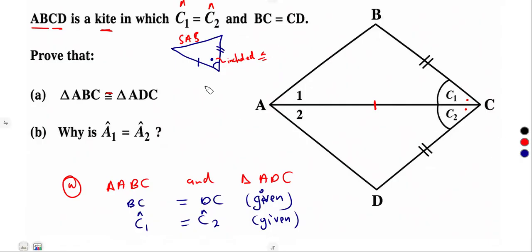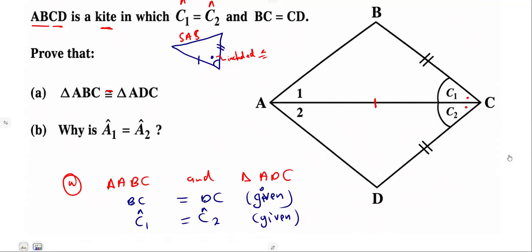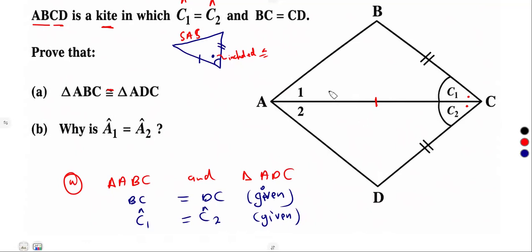So we need to look for the other aspect that is not given. The other aspect is the third line, which will make both angles included angles, meaning we are automatically forced to work with AC. Is AC something common that can be used?